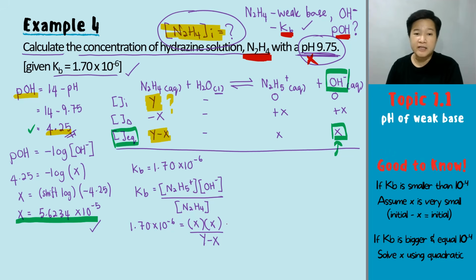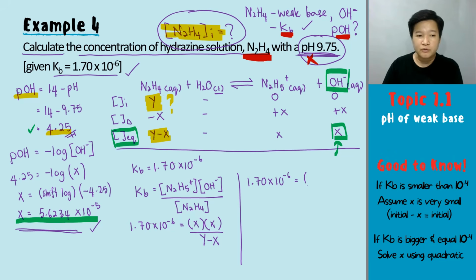Do you have the X value? Yes, we just calculated the X value. So substitute in your X value. You will then have your 1.70 times 10 to the power of negative 6 equals to 5.6234 times 10 to the power of negative 5 squared, because it's X times X over here.